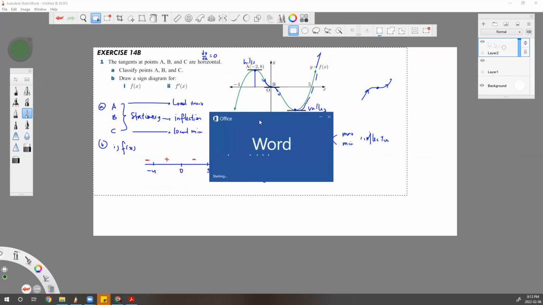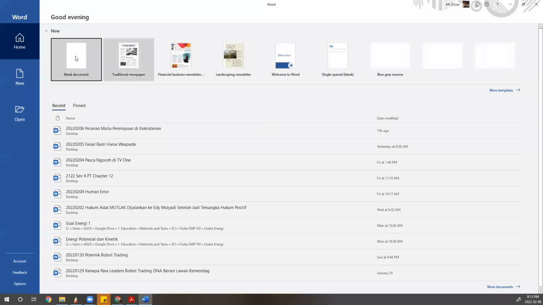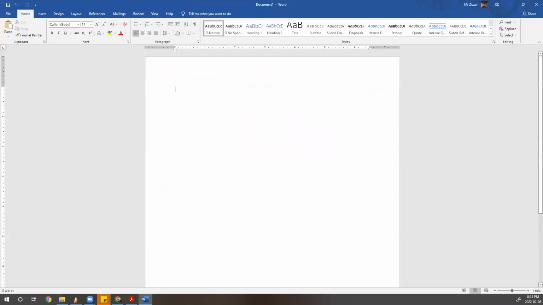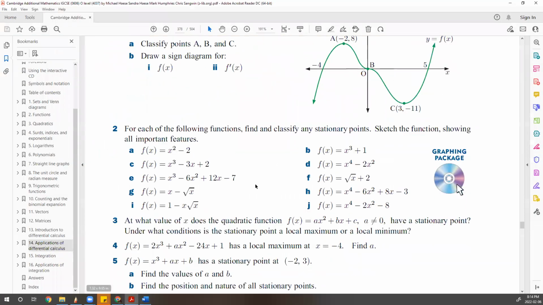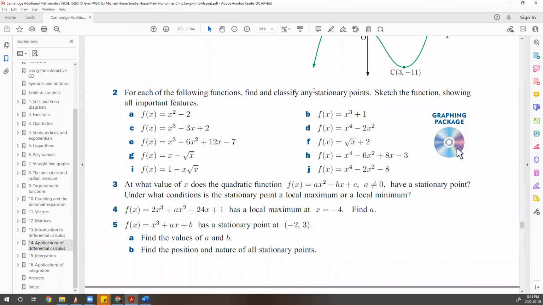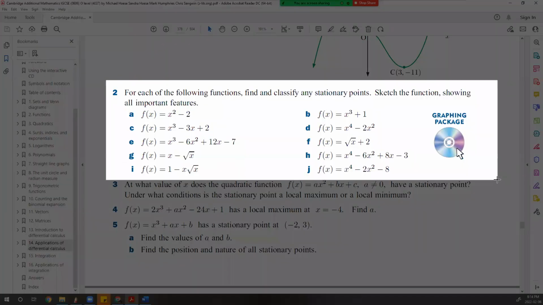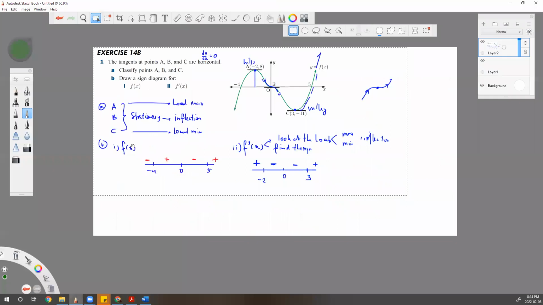Sorry, wait, give me a moment. Opening the Microsoft Word. Okay, there you go. I think I need to put it on the left side of the screen. Now, number 2 part F(i).